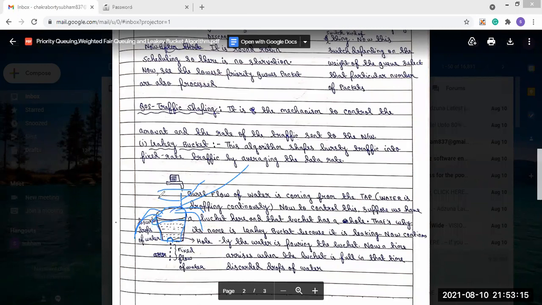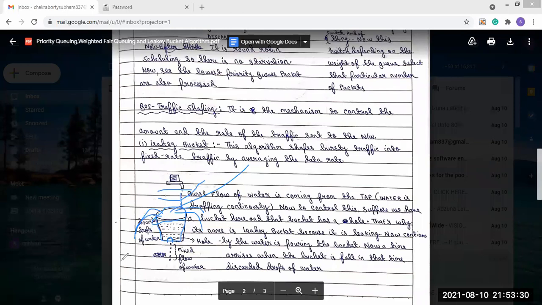But if the queue is full, then like the drops of water splashing out in real life, the packet should not be added to the queue.